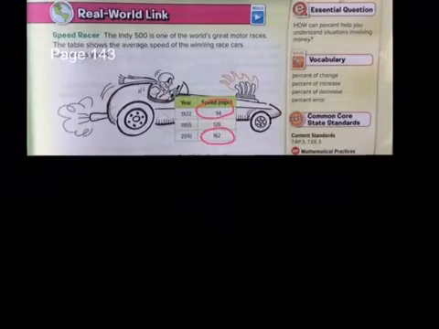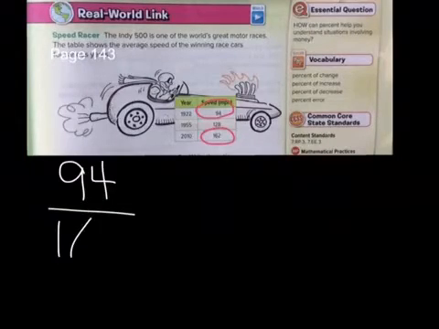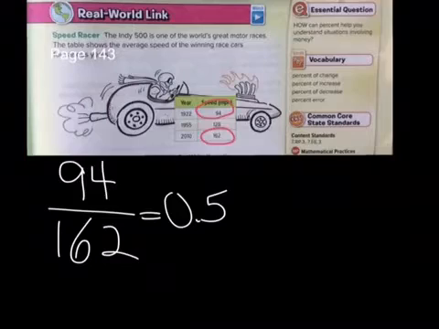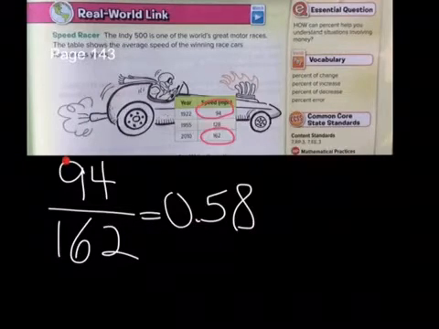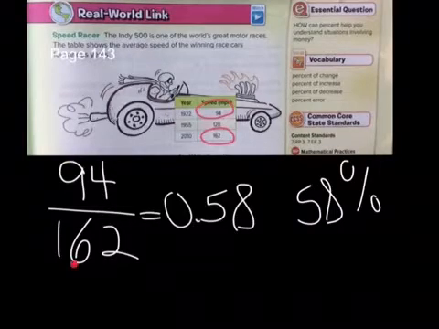So I take my 94 and I simply divide it by 162. That's going to give me about 0.58. It gives me a decimal, but this 0.58 is a percent. This means 58%. So 94 is 58% of 162.